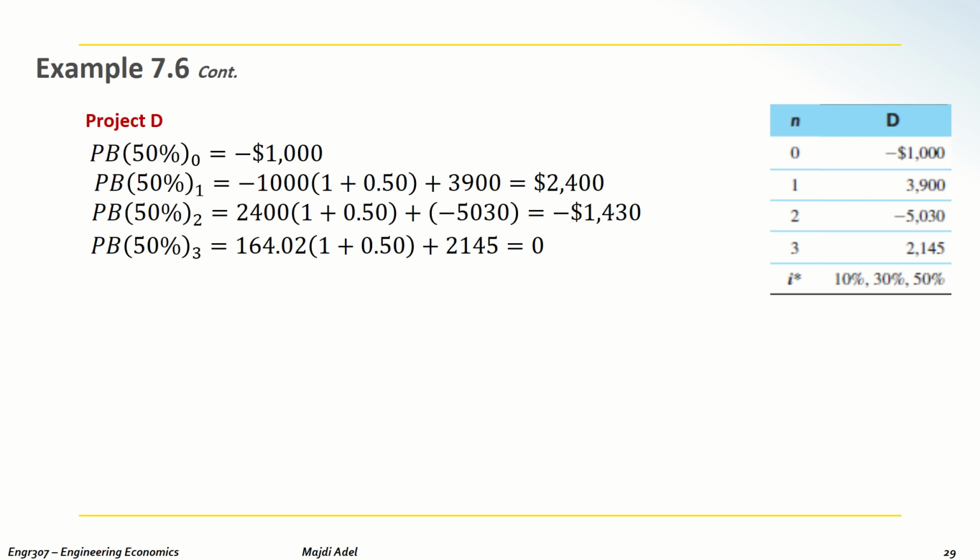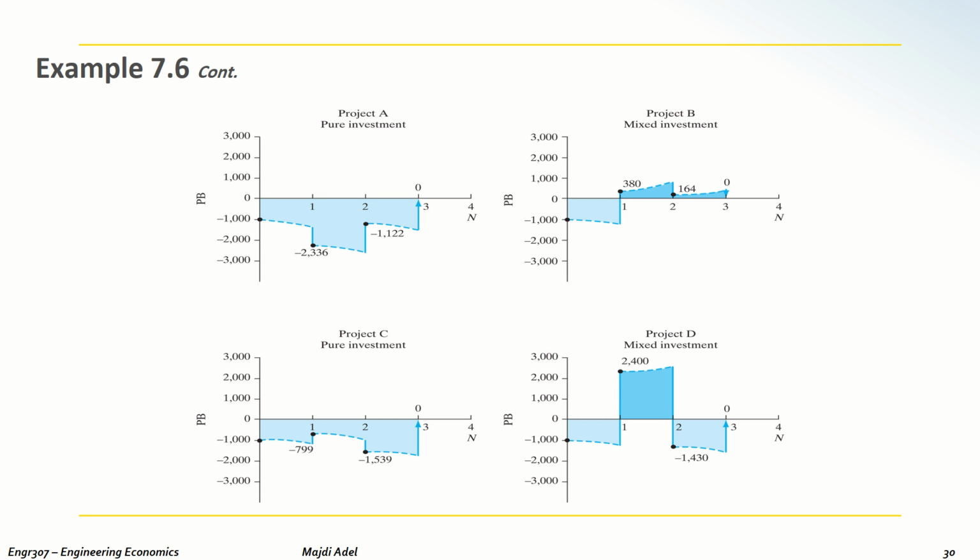So negative, positive, negative, and 0, it is a mixed investment because the project balance changes its sign from negative to positive, then to negative. So it is a mixed investment. And if you can see this, what does it mean for a project balance?